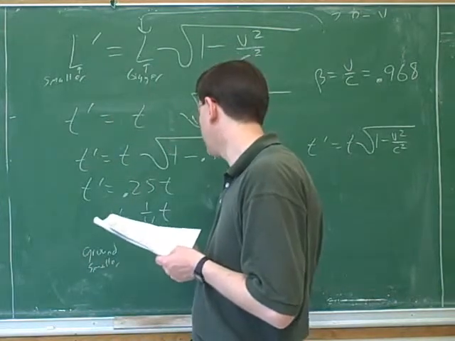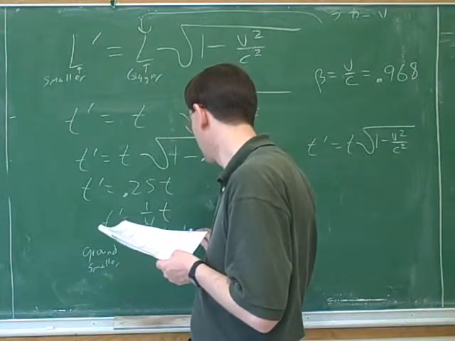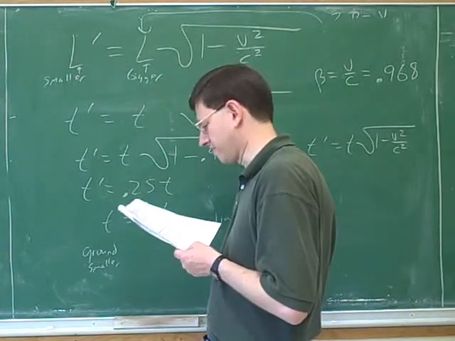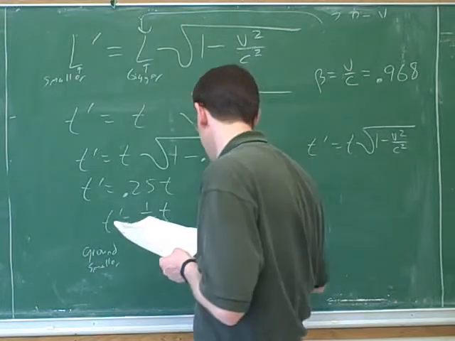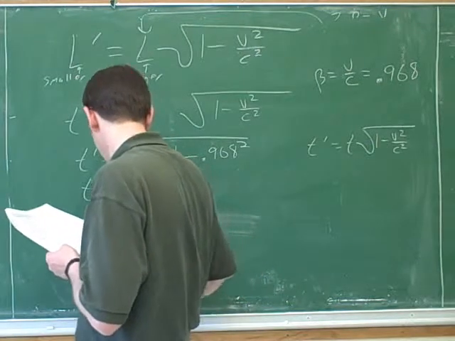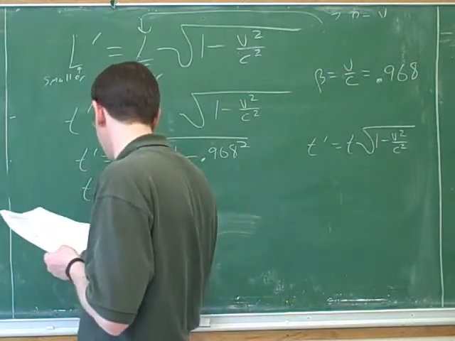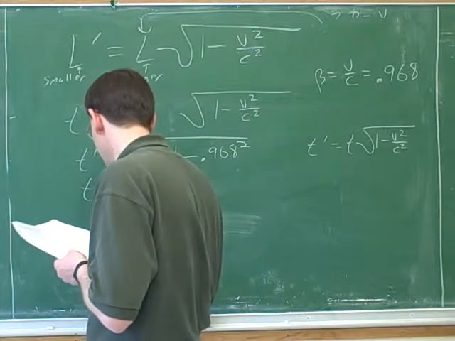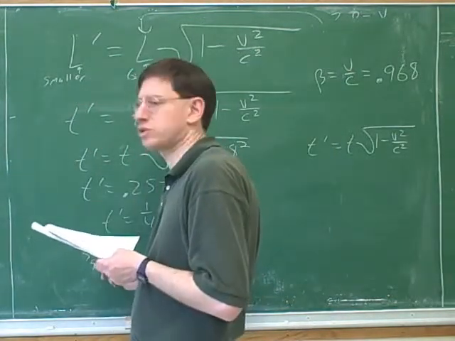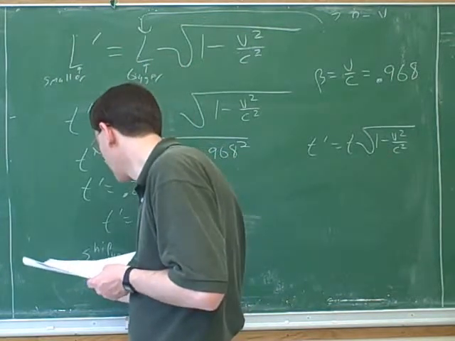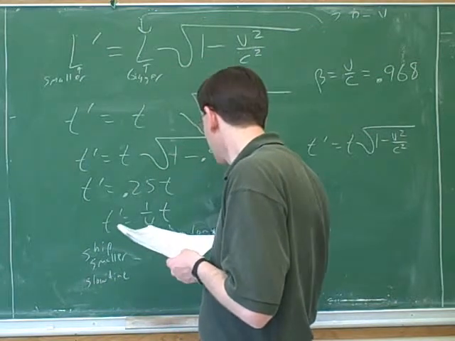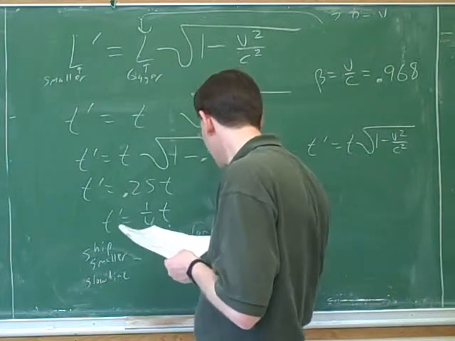If a clock is running slow, that means its time is longer. Let's try again. T prime is on the spaceship, because this is the smaller number. When your time is running slow, you measure a short time. And this is the longer time on the ground.